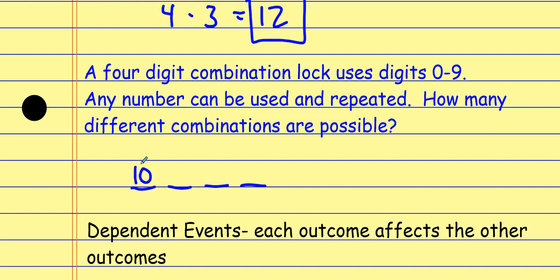So there's 10 options for the first number. There's still 10 options for the second number. I could make the combination 1, 1, 1, 1. I wouldn't recommend that. Or something like 1, 2, 3, 4 probably wouldn't be a good option. There's 10 options for the third number, and 10 options for the fourth number. And so to figure out the total number of options, I just multiply these together.